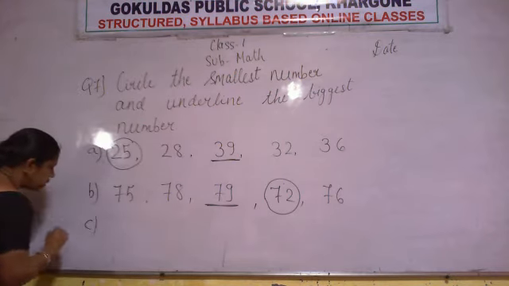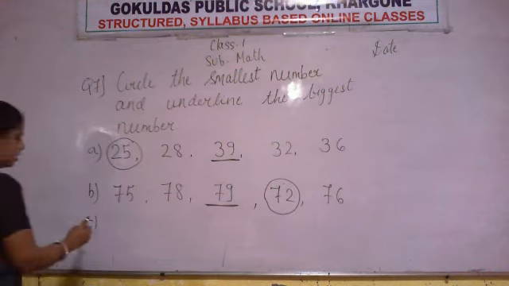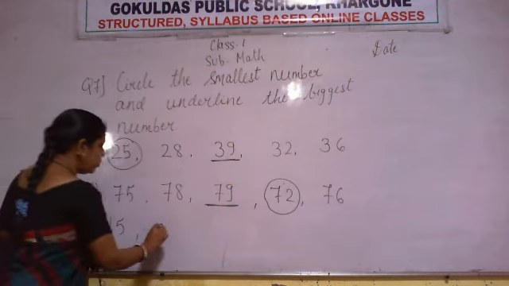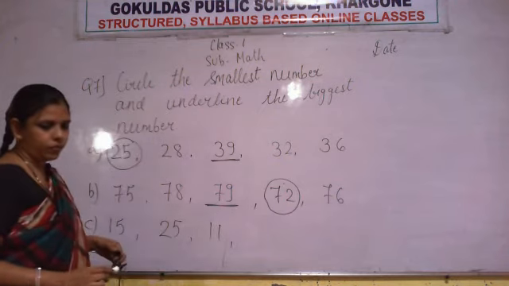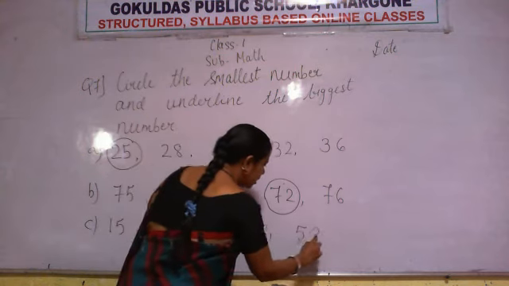One more extra question I am writing here, so try to solve this question. The numbers are 15, 25, 11, 78 and 53.